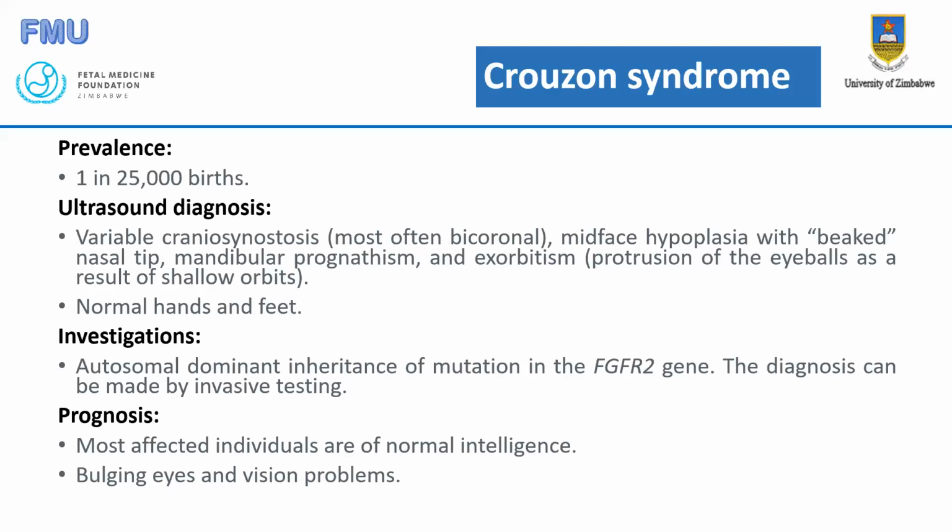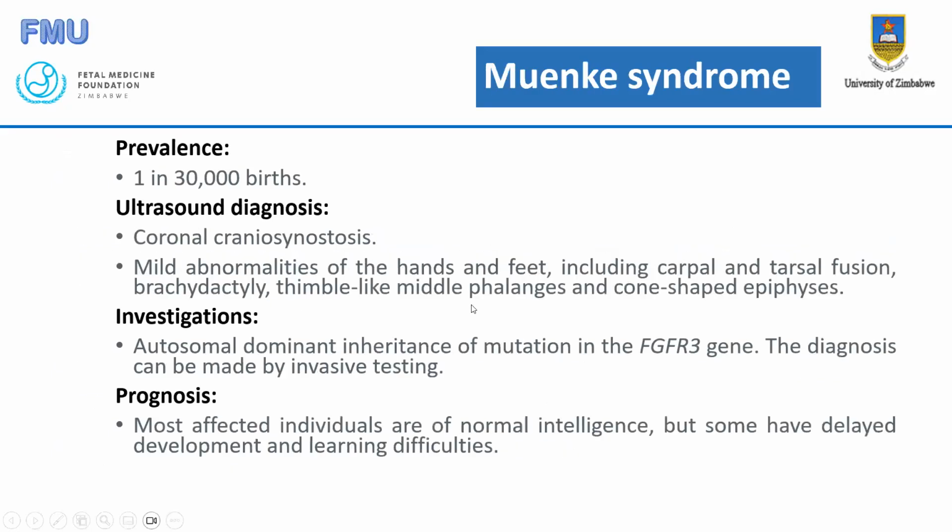Then there are normal hands and feet. Autosomal dominant inheritance of mutations in the FGFR2 gene is responsible. The diagnosis can be made by invasive testing. Most affected individuals are of normal intelligence. They will have bulging eyes and vision problems due to the shallow orbits.